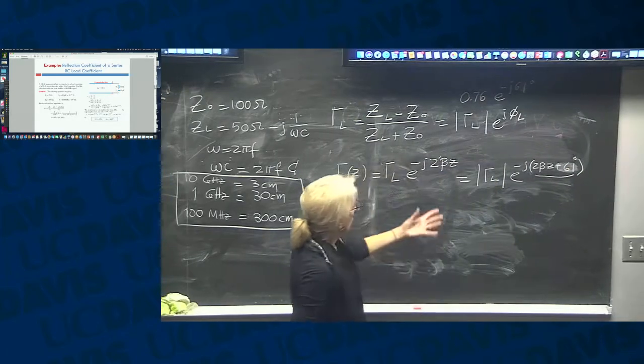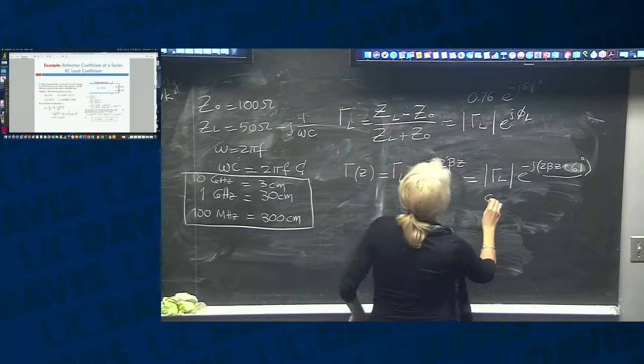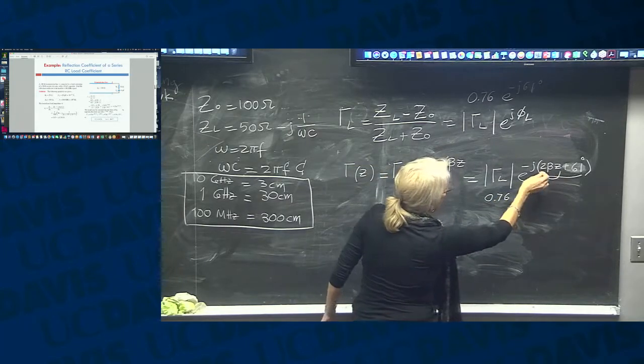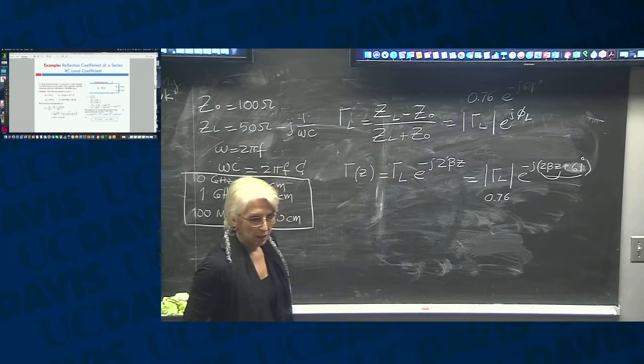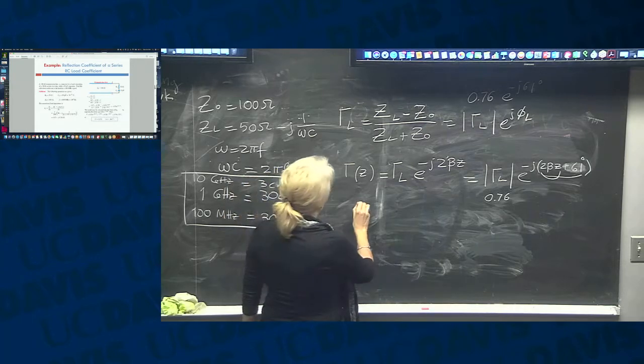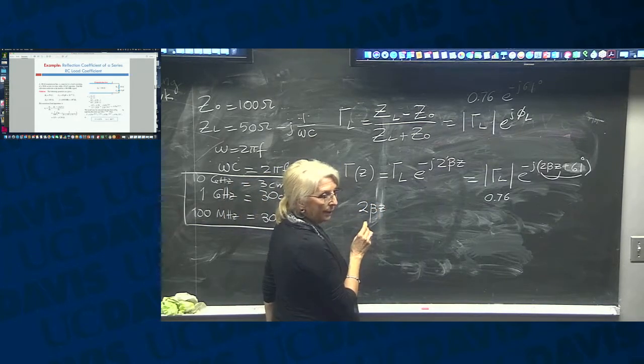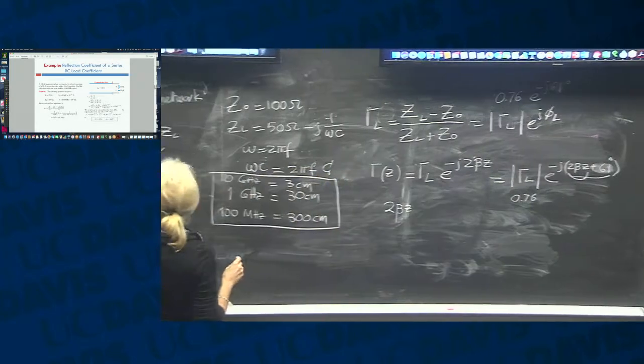Okay, so practically I know this is 0.76. What I need to do is to find this number. So 2 beta z. How much is z? 15 centimeters.